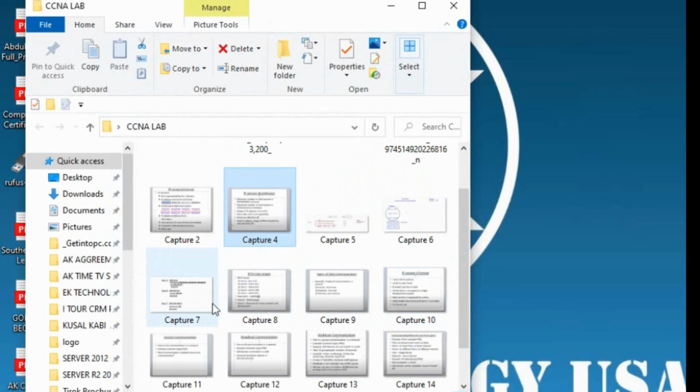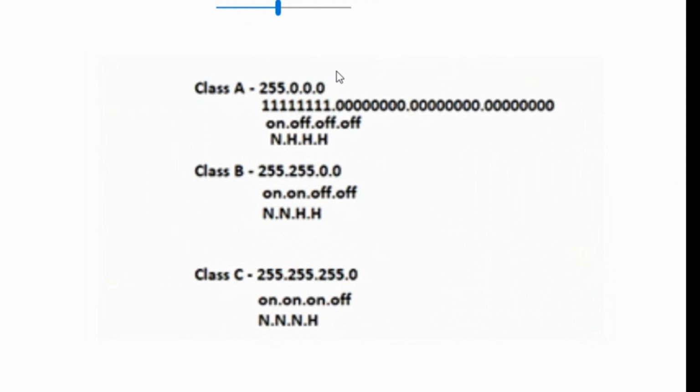Okay, so now we're going to go to chapter 7 over the lab. I've explained to you a while ago the class A, class B, class C. So now, how we work in class A, 255.0.0.0. 255, all these are on bits. Remember I told you 255 has a value, it's an on bit. The three zeros have no value, so they remain 0, 0, 0.